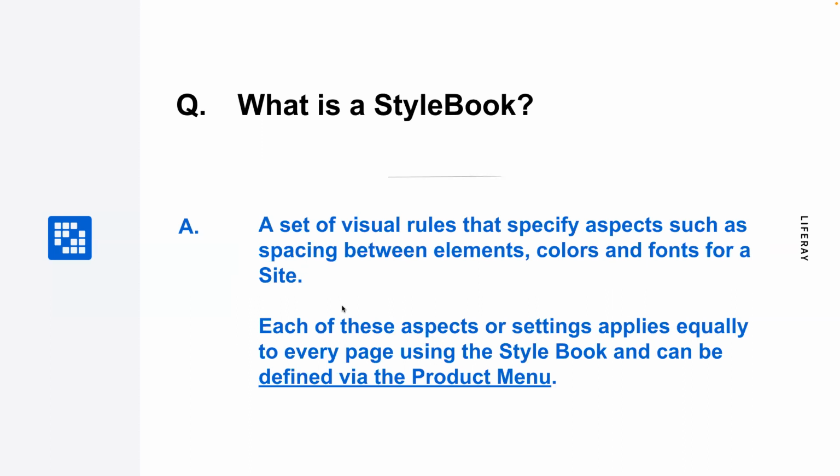It's a set of visual rules that specify aspects such as spacing between the elements, colors, fonts for a site, how big the H1 or H2 is within my site. Each of these aspects or settings applies equally to every page using the style book and can be defined via the product menu.